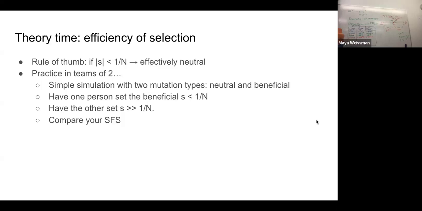Let's say, what do you want your population size? Initialize constant, I think.